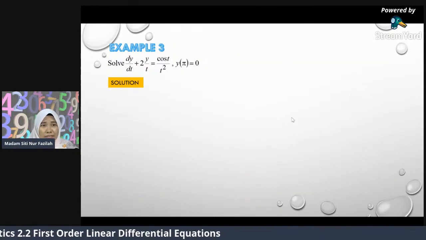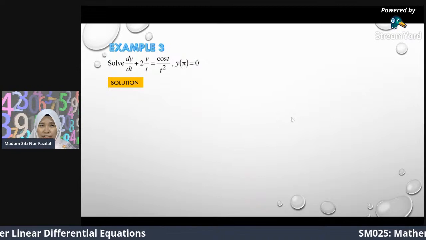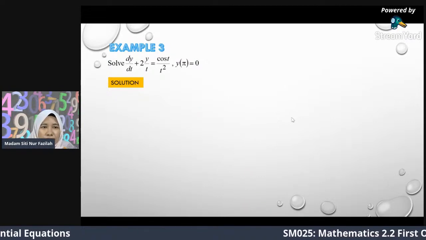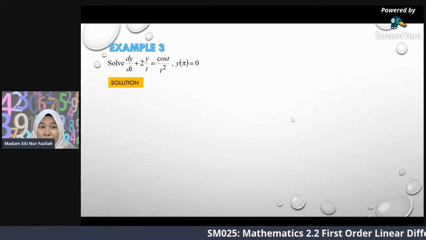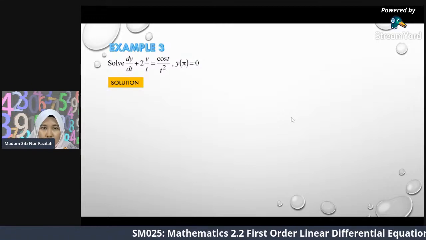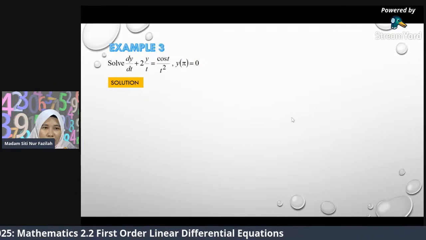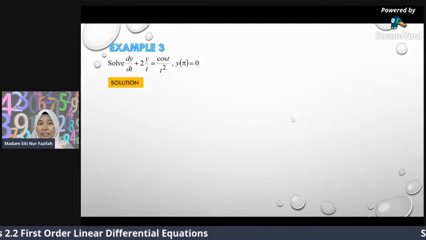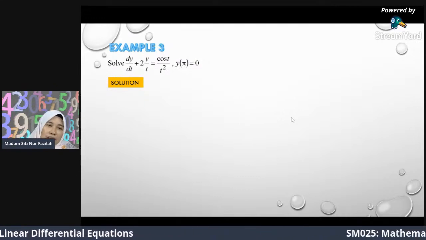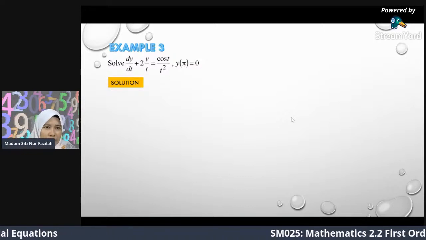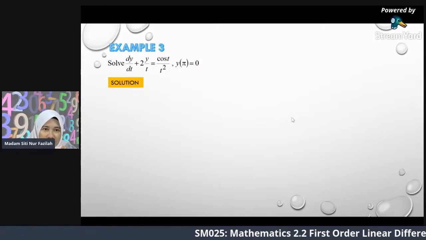Next, we try example 3. Example 3 is: solve dy over dt plus 2y over t equal cos t over t square. Our derivative is dy over dt; it's always dy over dx, but this one is dy over dt.